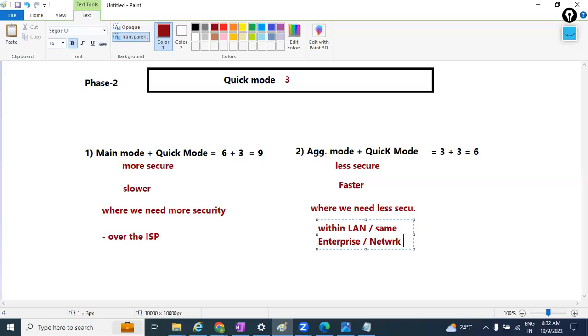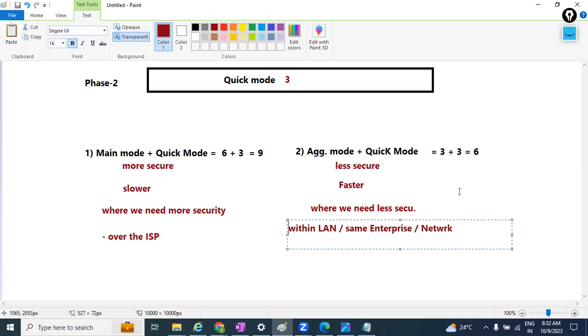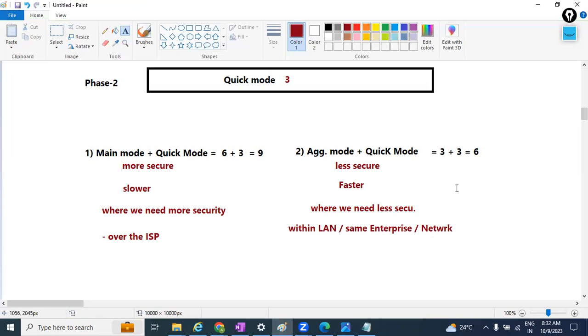Compared to outside, the inner side is secure, but not fully secure. These are the 4 major differences. I hope you have noted them.